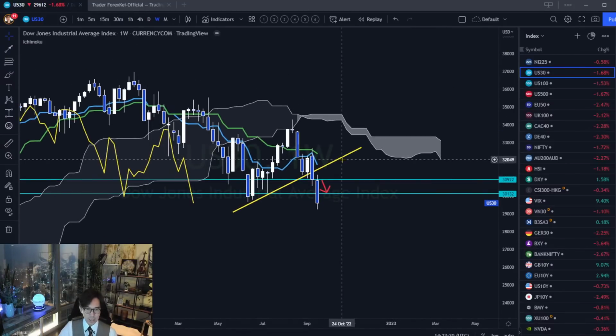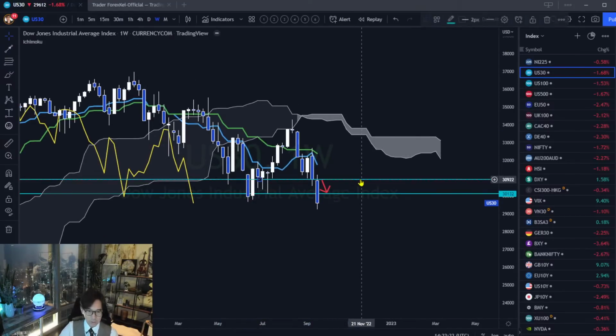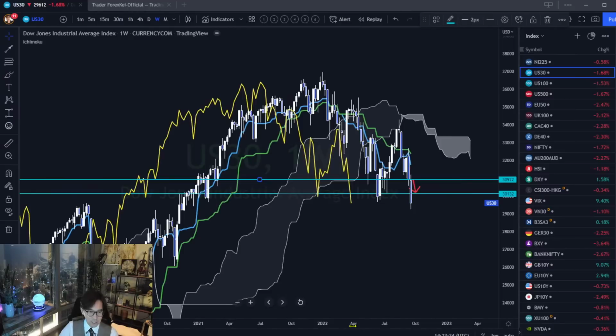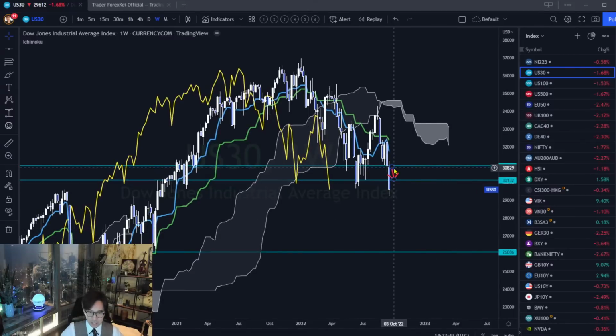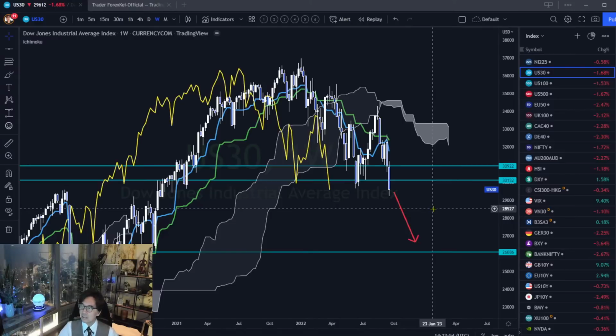I think the market continues down to the next support, which is down here, the 26086 level. This downtrend may end this year if the US stops raising the interest rate, which may happen this November, but we will see.